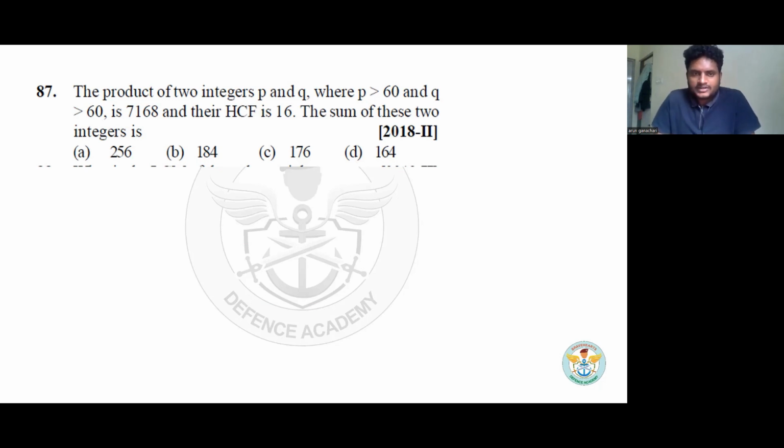You solve it using your basics, you will get the answer. Use the basics as I've told you. I'll solve it for you guys. See here.